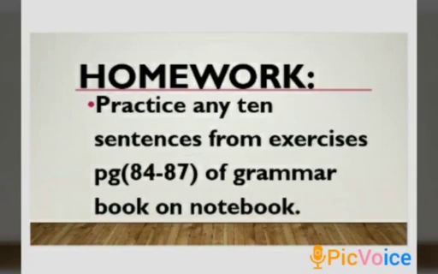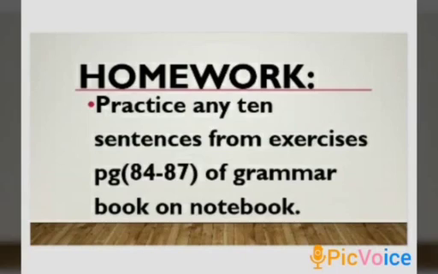To make it negative, we use have not been. For example, he has not been watering the plants since evening. So to make it negative, we use not in present perfect continuous tense.